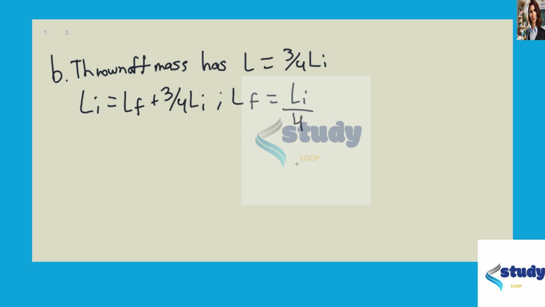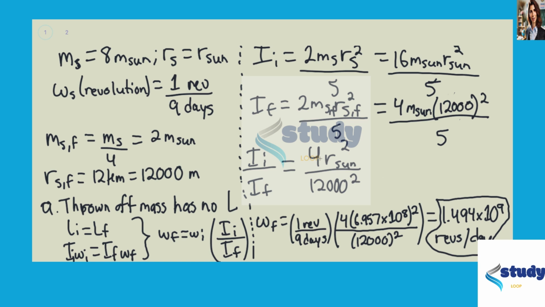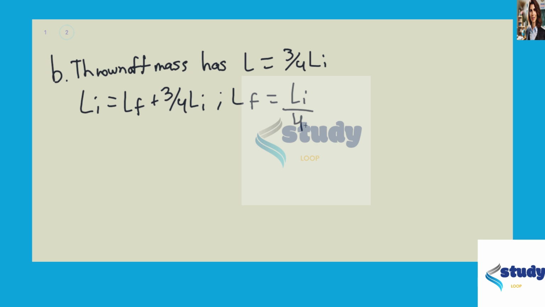Now, you could do this. But if you realize that L final here equals omega initial times I initial over I final, and you're simply dividing this by 4, wouldn't you be able to just divide the entire thing by 4?